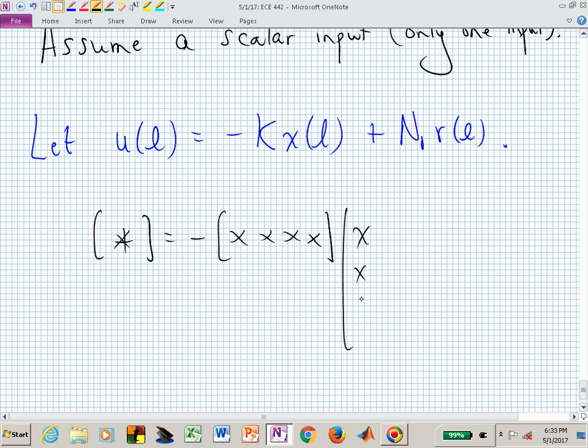X would be a 4 vector. A 1-by-4 times a 4-by-1 gives us a scalar. That's right. And now we want R of L to be a scalar. And we want the product of N1 times R to be a scalar. So we now need N sub 1 to be a scalar. And the product of those will now, on the left, give us a 1-by-1. On the right, those two products added together will give us a scalar also.